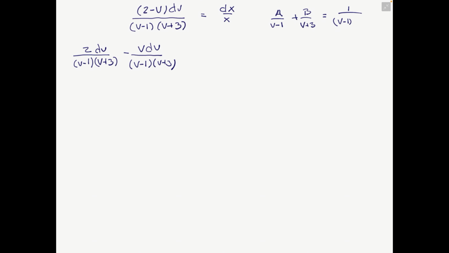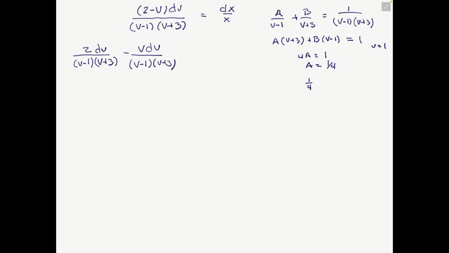We could say it's 2, probably easier, times v plus 3, multiply across a times v plus 3 plus b times v minus 1 equals 1. And if we say that v equals 1, we have 4a equals 1, a equals 1/4.